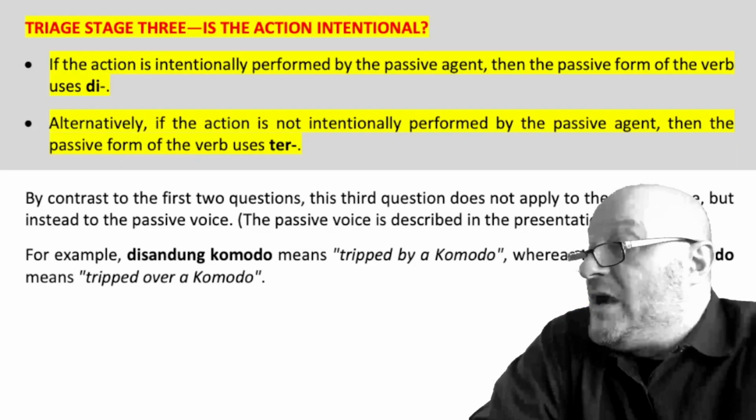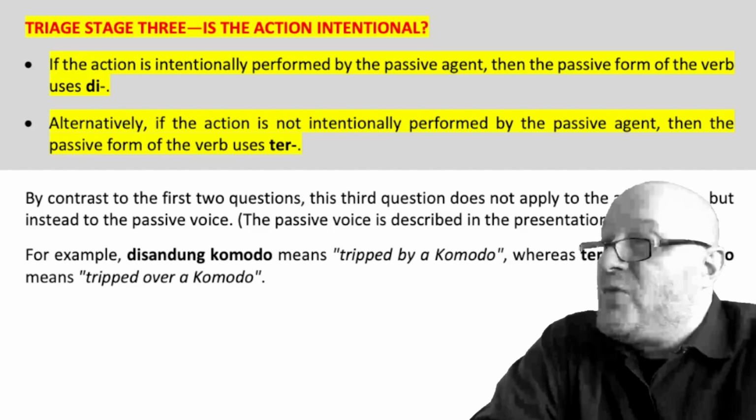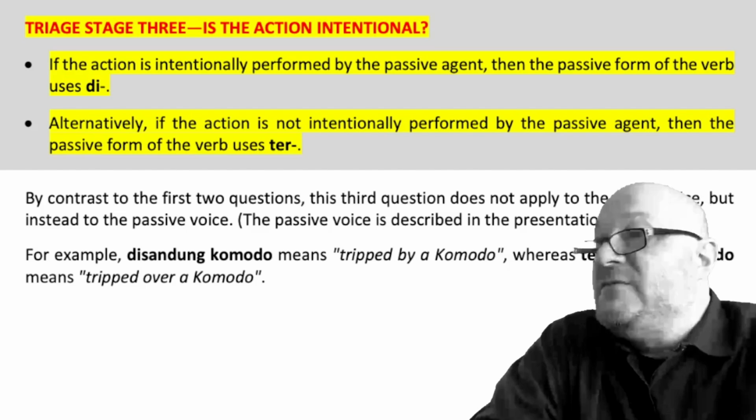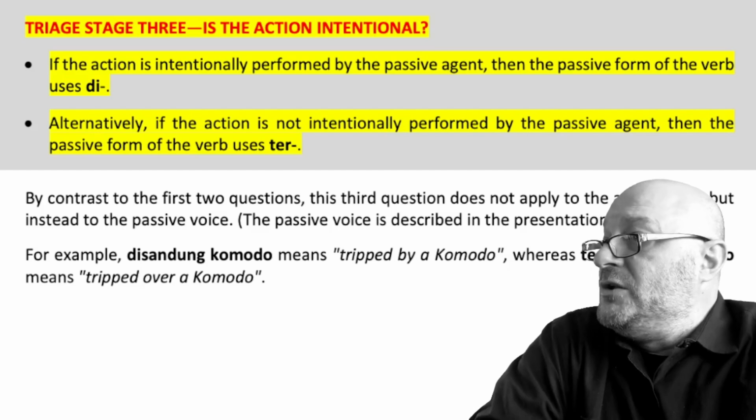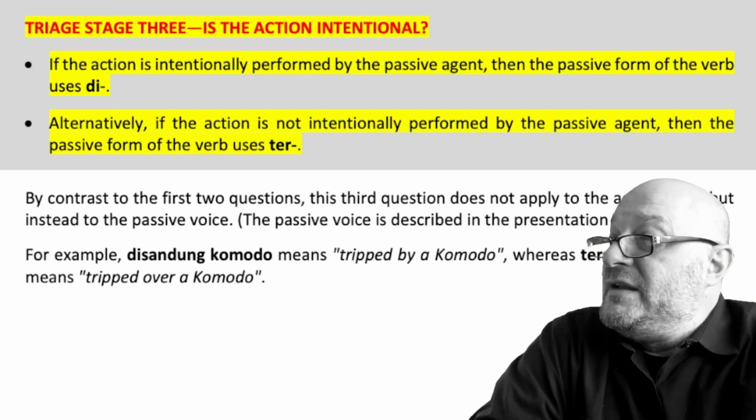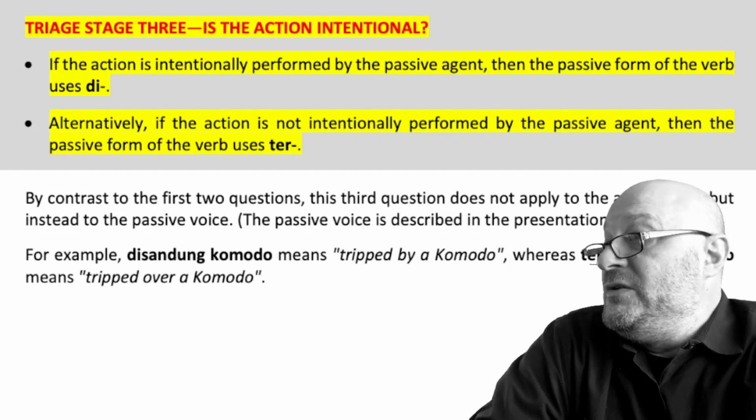All right, the last, third question, triage stage 3. Is the action intentional? If the action is intentionally performed by the passive agent, then the passive form of the verb uses di-. Alternatively, if the action is not intentionally performed by the passive agent, then the passive form of the verb uses ter-.